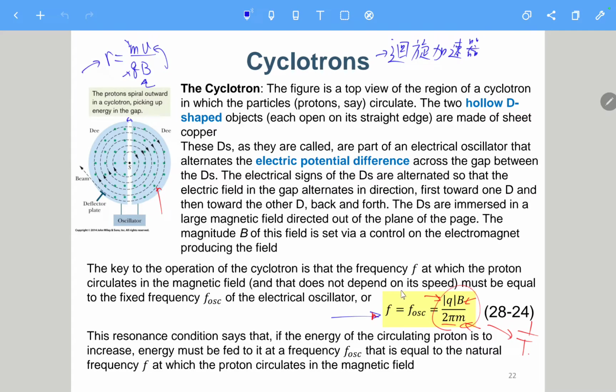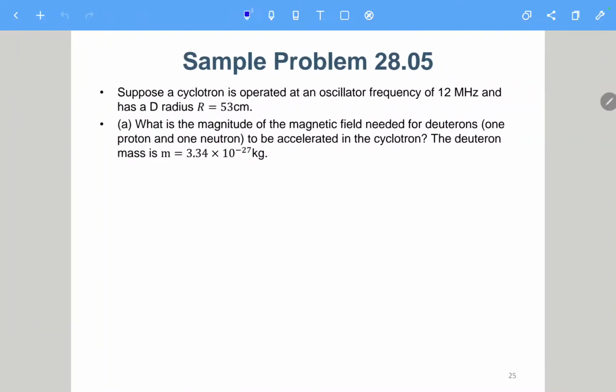It tells you F oscillate, it also tells you the Q and also the M. So the only unknown is B here. So we have B equals 2 pi M F oscillator over the absolute value of Q.